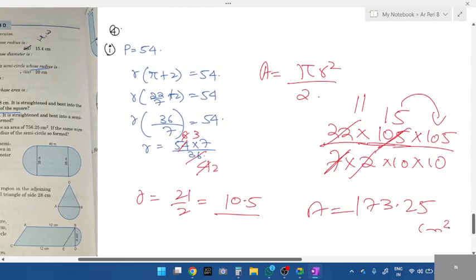Centimeter square. All of you are done? Completed?